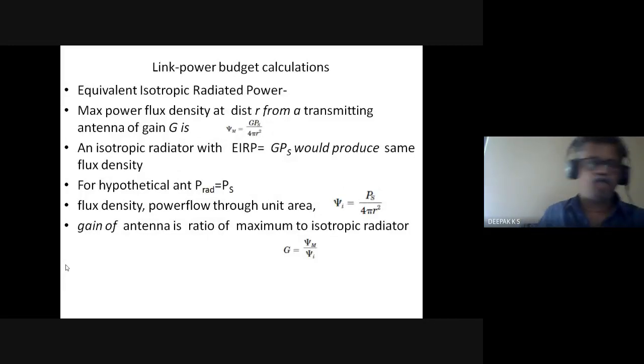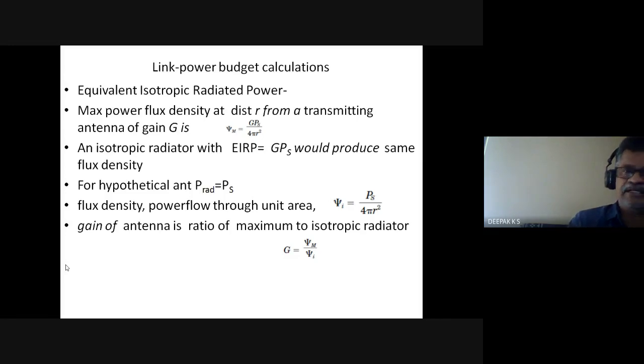And now we need to do some calculations. So you know that there is a payload in the satellite, and the basic device is the transponder, and you have an Earth station.